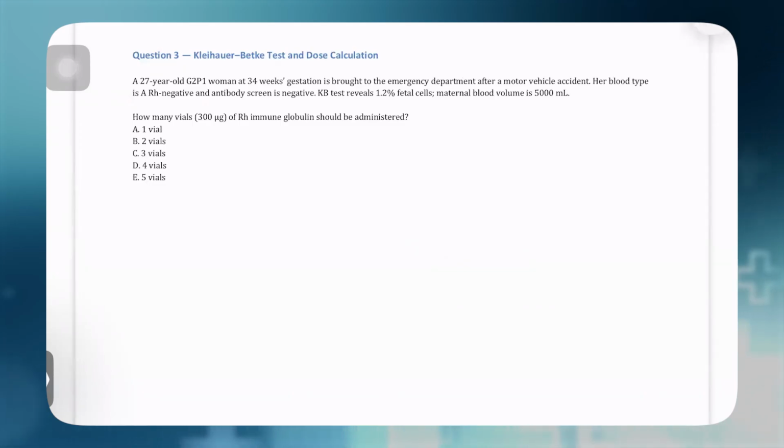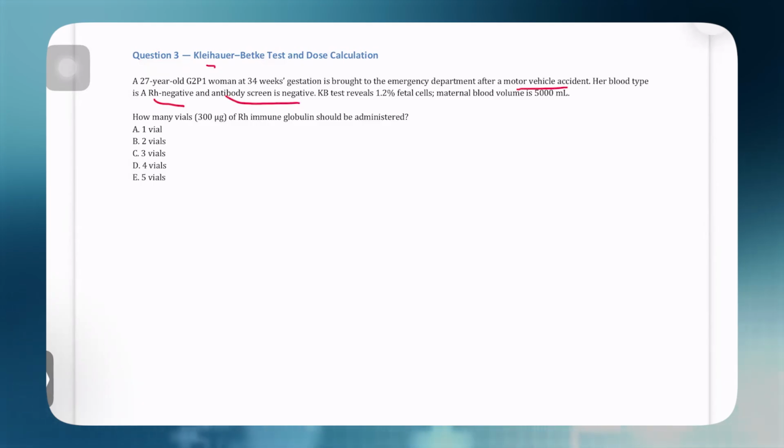Now is another question from the same topic on Kleihauer-Betke test and dose calculation. Another lady, 27 years old, at 34 weeks gestation is brought to the emergency department after a motor vehicle accident. Her blood type is RH negative and antibody screen is negative. So she is not exposed.